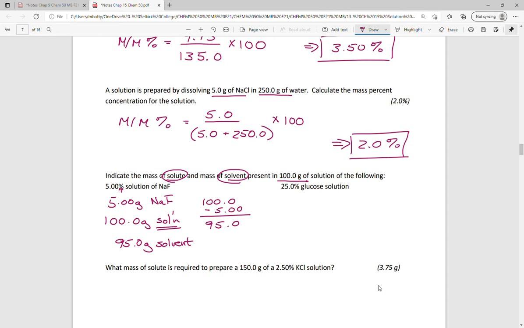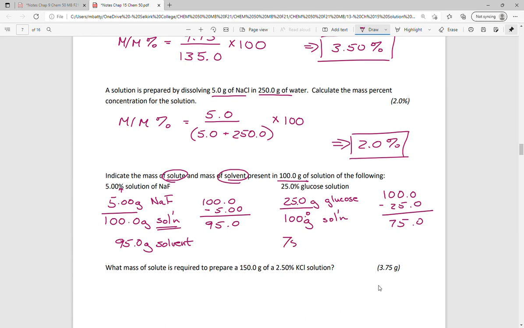Same one here: if we have a 25% solution and a 100-gram sample, I could say that's 25 grams of glucose in 100 grams of solution, right? That's how I could do it as a unit factor. And it also gives me the information, oops, I forgot my sig figs, to calculate how many grams are the solvent.